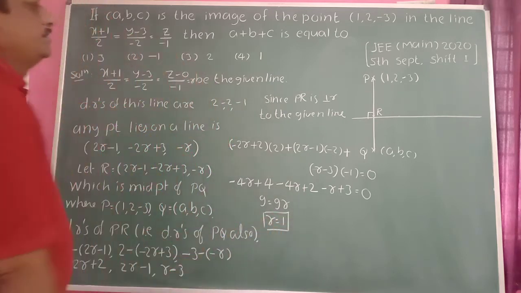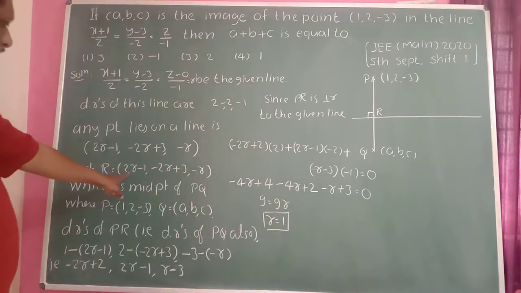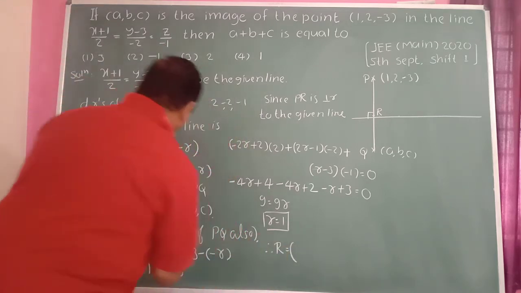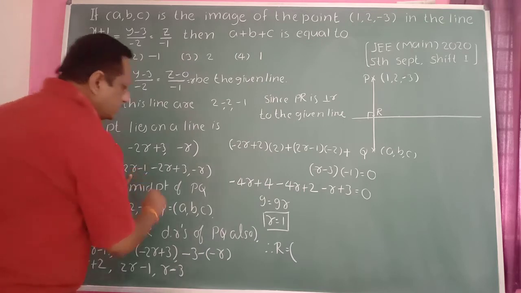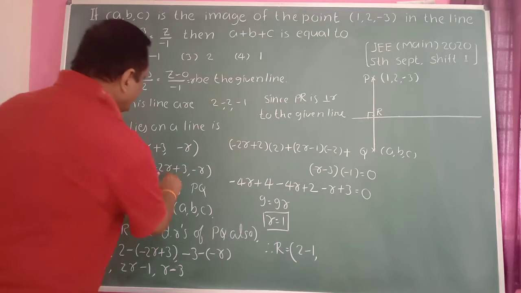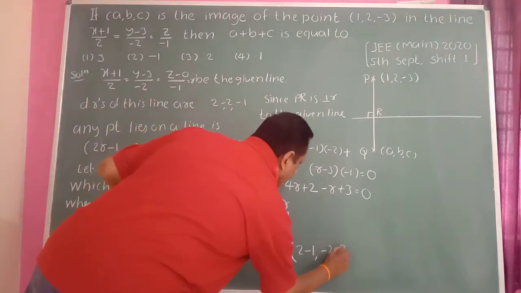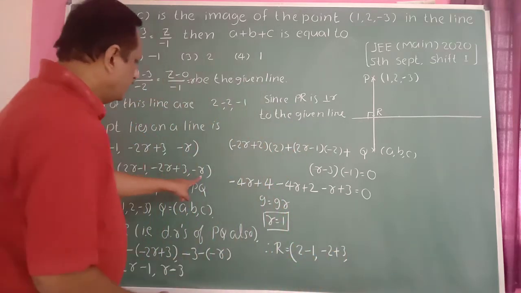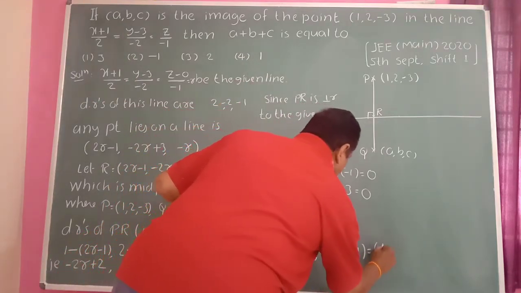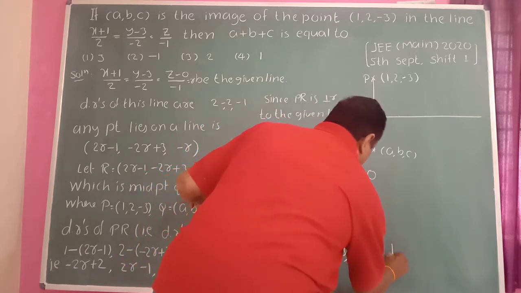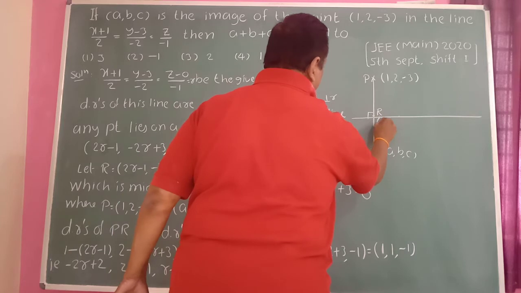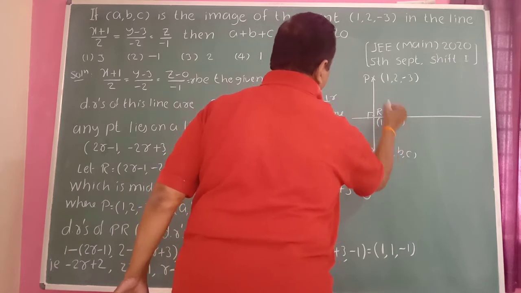Substitute r equal to 1: 2 minus 1 is 1, minus 2 plus 3 is 1, and minus 1. So the coordinates of R are (1, 1, minus 1).